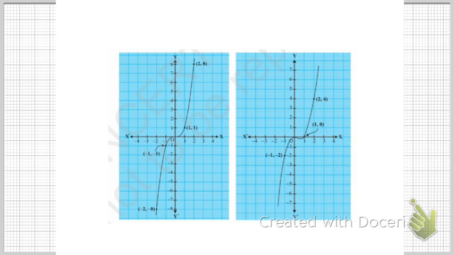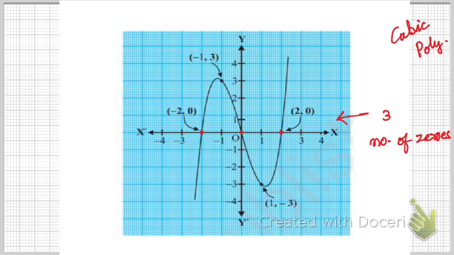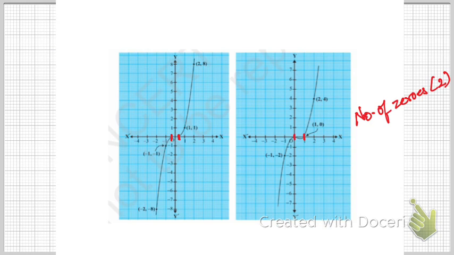The next graph is again for a cubic polynomial, but it is cutting the x-axis at 2 points only. In this graph also and in this graph also, if you notice carefully, it cuts the x-axis at 2 points only. So here the number of zeros is 2.